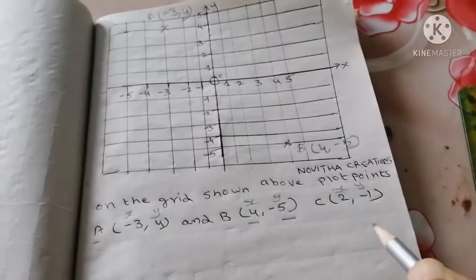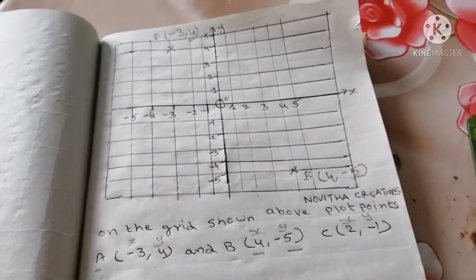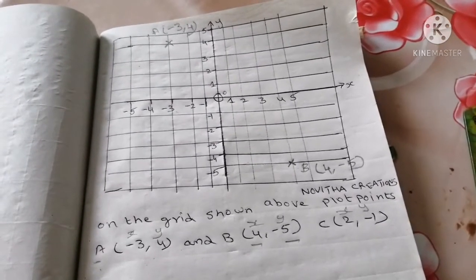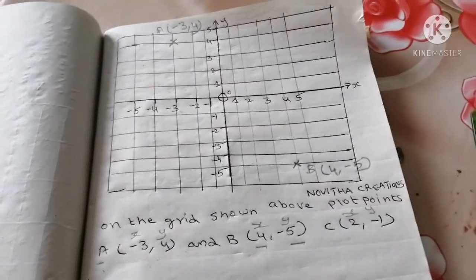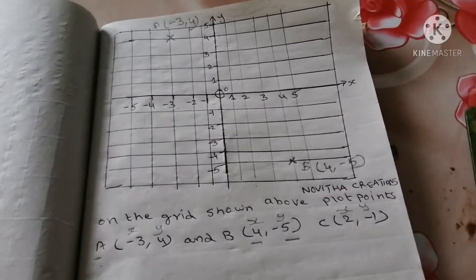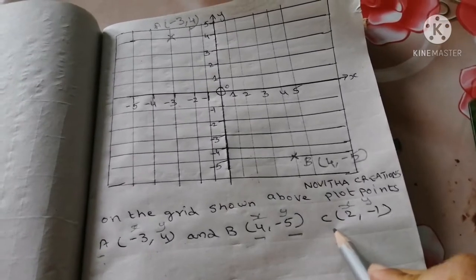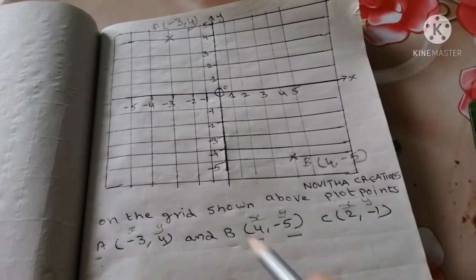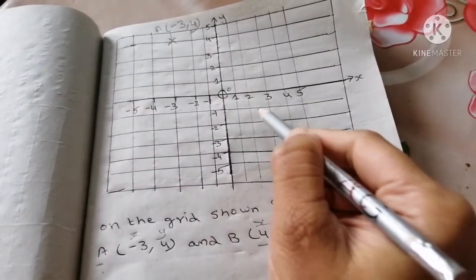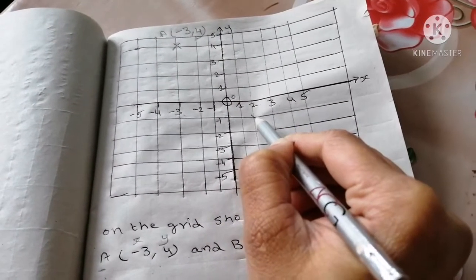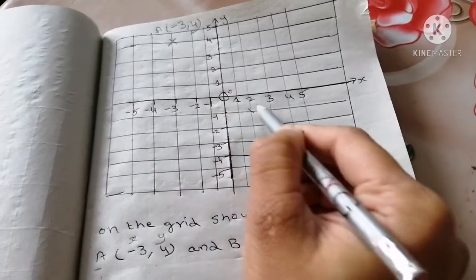And we need to show C. Sometimes these questions will be for 2 marks or 3 marks in GCSE Maths exam. So C is 2 comma minus 1. So on x-axis C is 2 and y-axis minus 1.